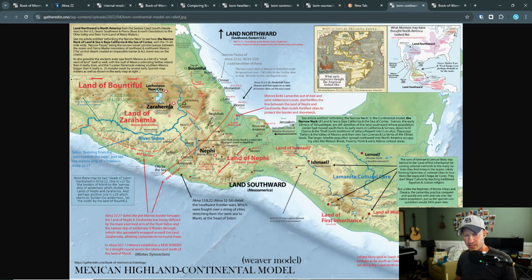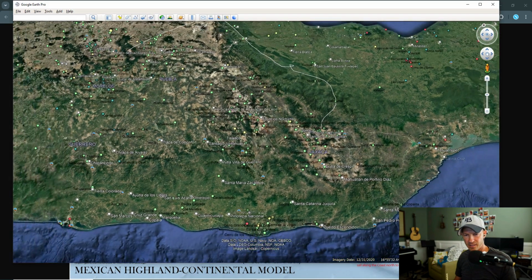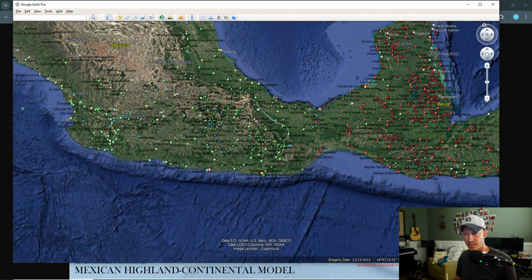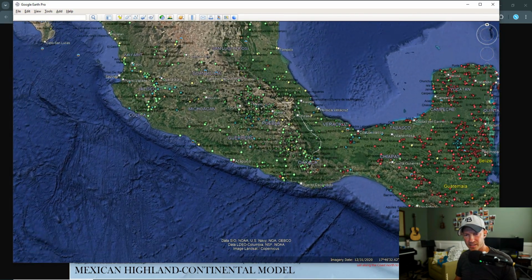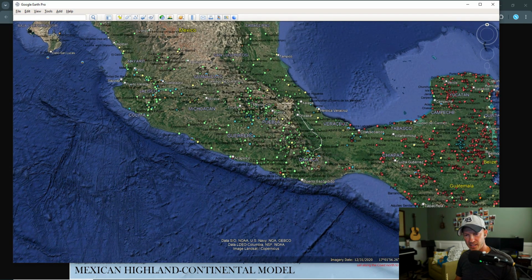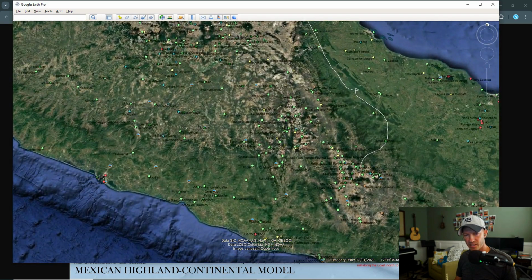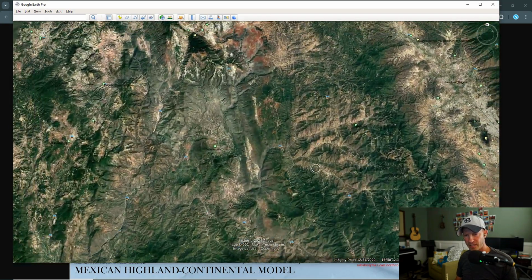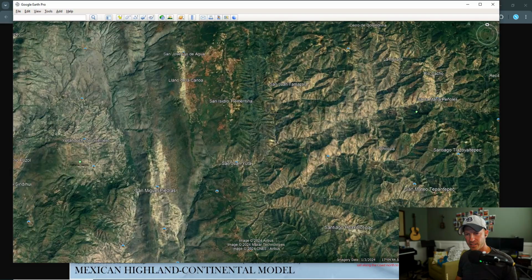Let me show that on Google Earth so you can really see that it is a narrow strip of wilderness. So here it is. Let's get north so you all have your bearings here. All right, so here we go. In between the Mexican highland and the Zapotec civilization, you've got this entire area. It's a narrow strip of wilderness, but specifically this area right here, and there's pretty much no cities in here.